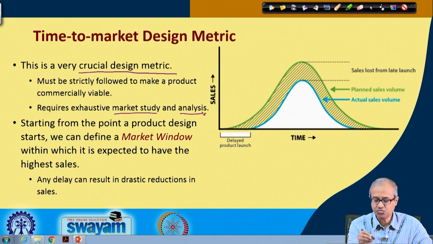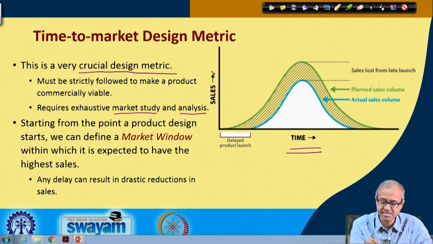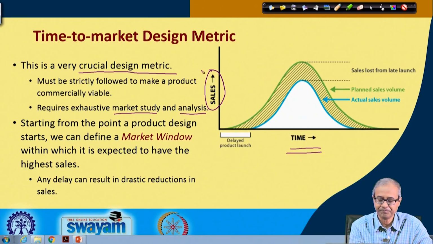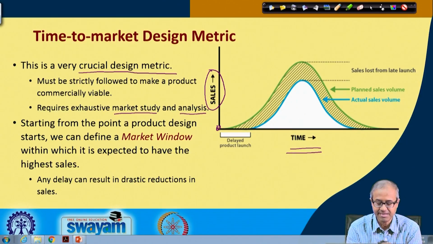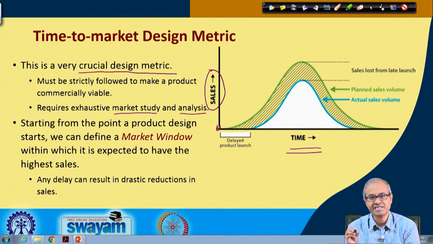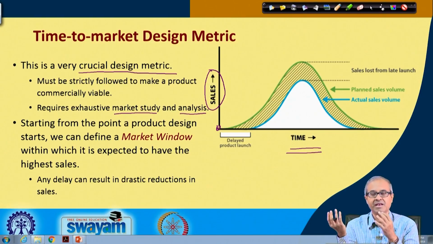Now, we are illustrating this with a diagram like this. Here the x axis shows the time and the y axis shows the sales. Suppose your origin indicates the point where you were expected to bring the product to the market. When a product comes to the market, the customers also need some time to learn about the product.